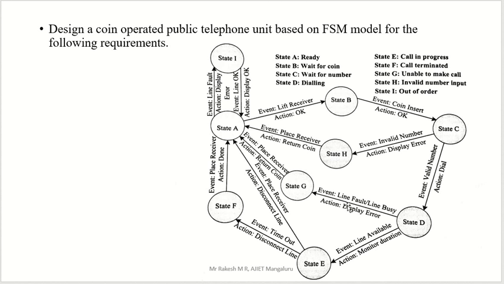So the action taken is display error, and that goes to state G. What is state G? Unable to make call. You get that because that person is busy, or the line is faulty, so unable to make call.